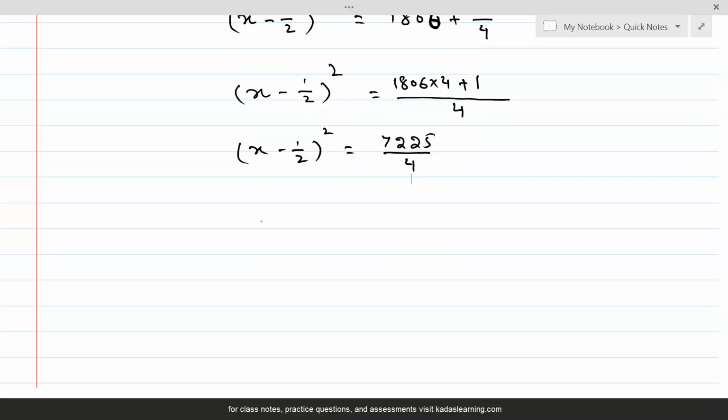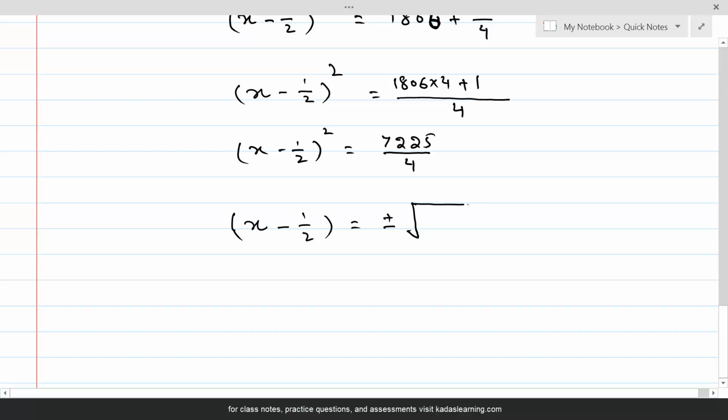And now, just like the square root property we learned in method 1, we take the square root of x minus 1 by 2 whole square, and this will become equal to plus minus square root of 7225 divided by 4.